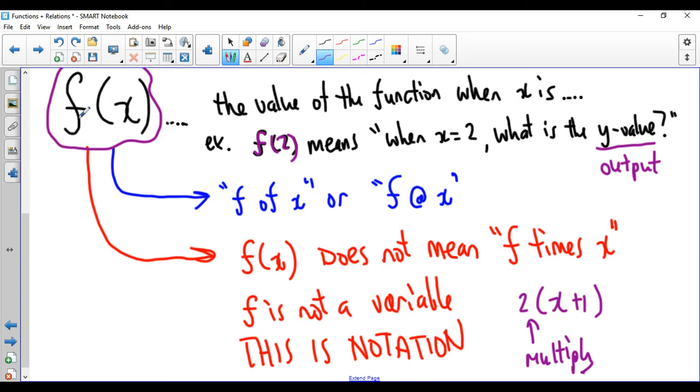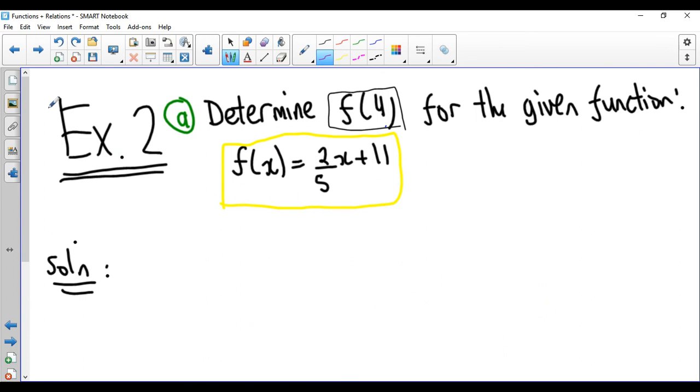This though is a notation, which means this isn't an algebraic expression. This isn't saying f times x, because what the heck is f? F would have to be a variable. Okay? So just remember, this is a notation. It doesn't mean f times x.